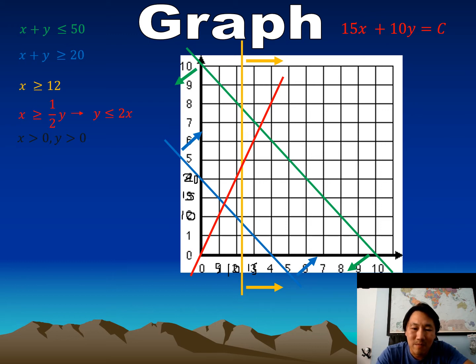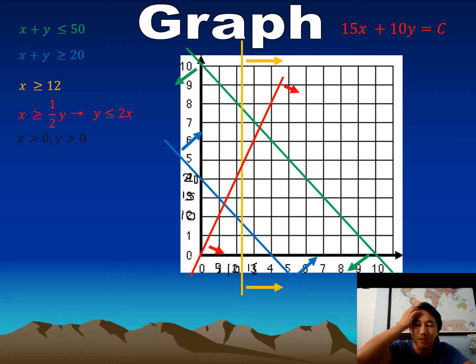So maybe test 1 point away at 5, 0. So let's see what happens when you plug in 5 for x and 0 for y. You get something that is true. 0 is going to be less than or equal to 10. So shade towards that point. There it is. Let me erase this a little bit so you can see the little arrow.